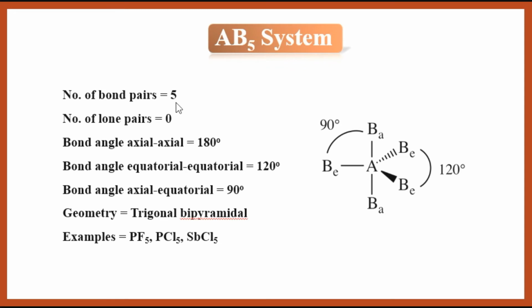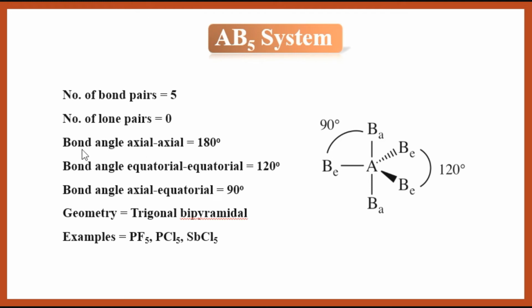The number of bond pairs is 5, with 0 lone pairs around the central atom, and hence the bond pair between the axial positions, that is B-A-B, shows the ligand at axial position, then A, and the ligand at axial position.